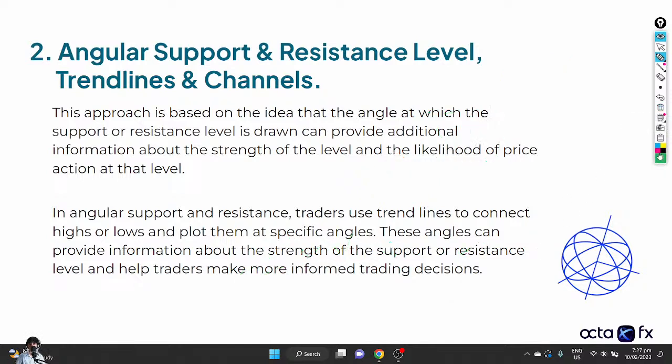Okay, so for the angular support and resistance, traders use trend lines to connect highs and lows, just like how I showed you earlier, and then plot them at specific angles. So that's the importance of angle. Once the price started to make an angle like this, then this is not a healthy trend anymore.